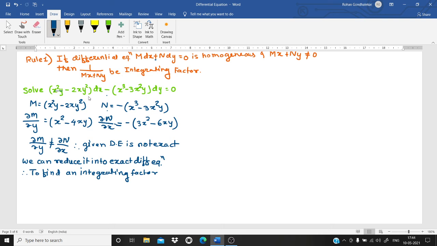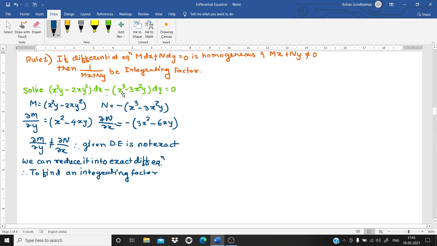Now look, is this differential equation homogeneous? See, how to find out whether it is homogeneous or not? See the degree of each term. Here the degree of x is 2, the degree of y is 1. So the degree of this complete term is 2 plus 1, 3. Come to the next term. Here the degree of x is 1, the degree of y is 2.